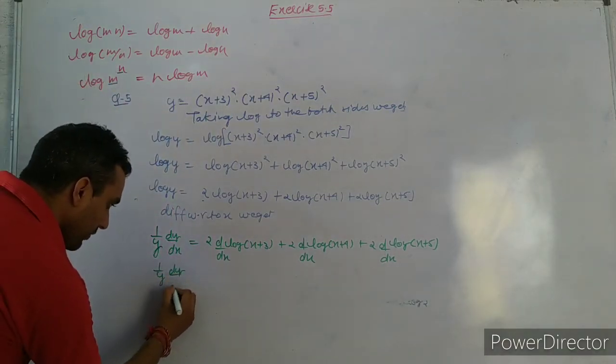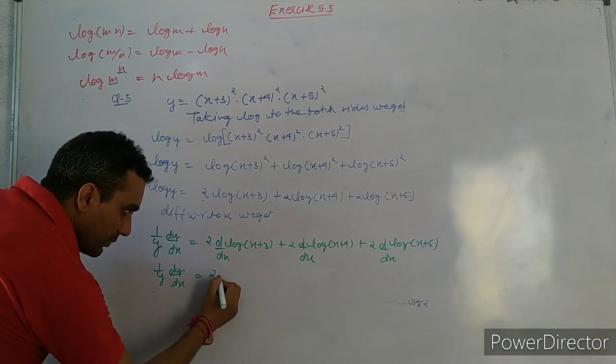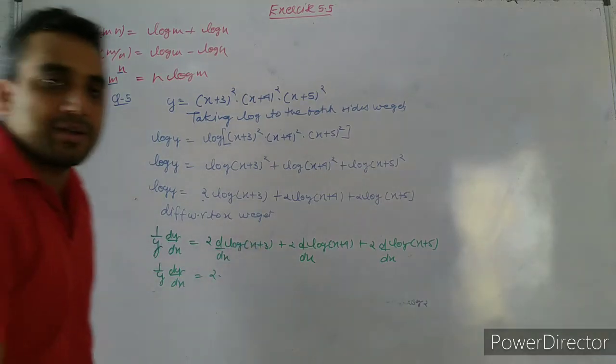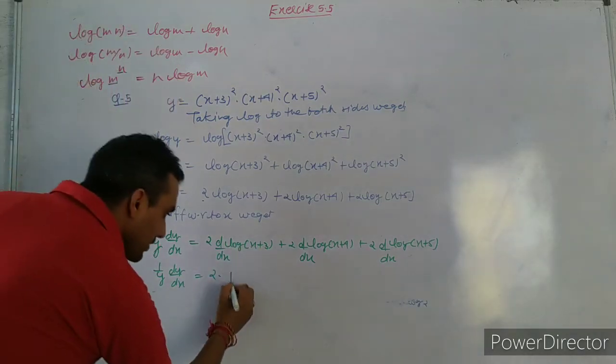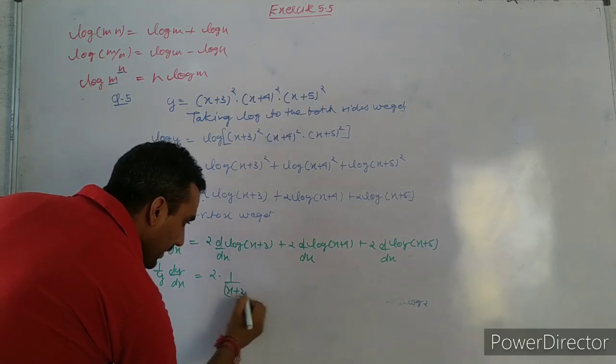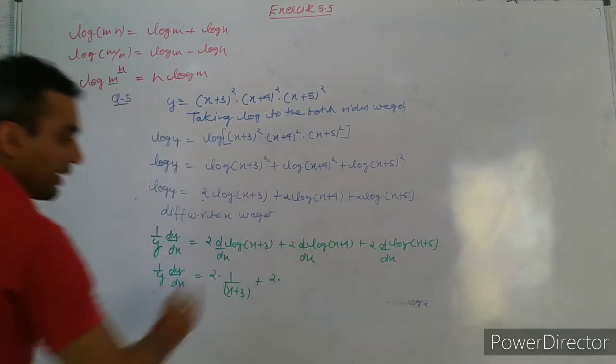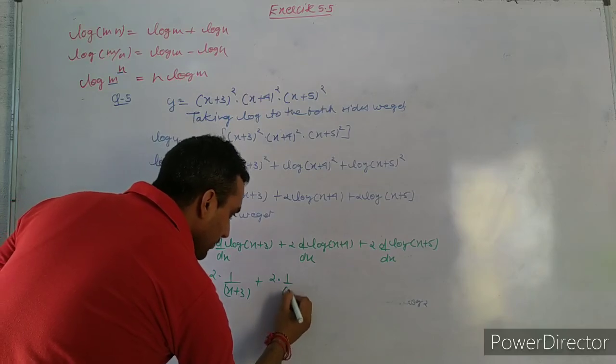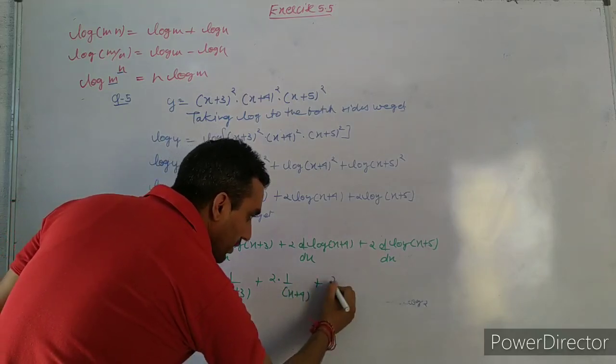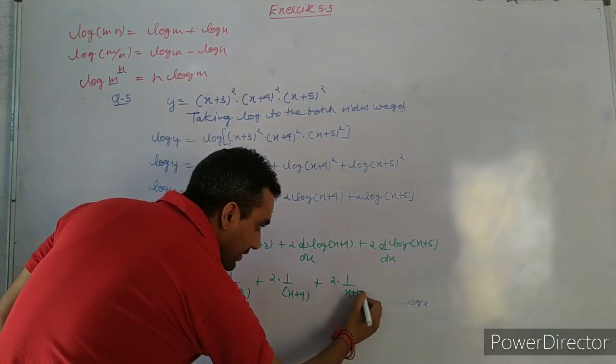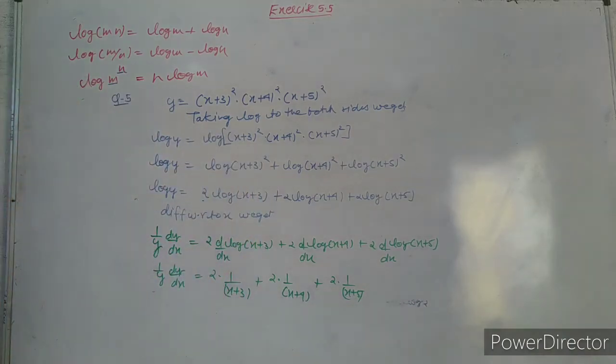So 1 upon y dy upon dx is equal to 2 log x plus 3, and its differential is 1 upon x plus 3. Log x plus 4, and its differential is 1 upon x plus 4. Log x plus 5, and its differential is 1 upon x plus 5.